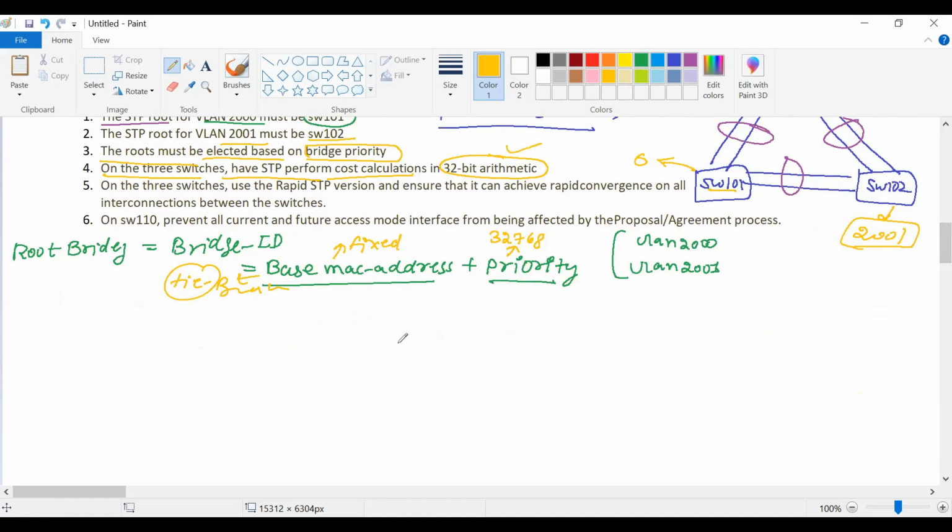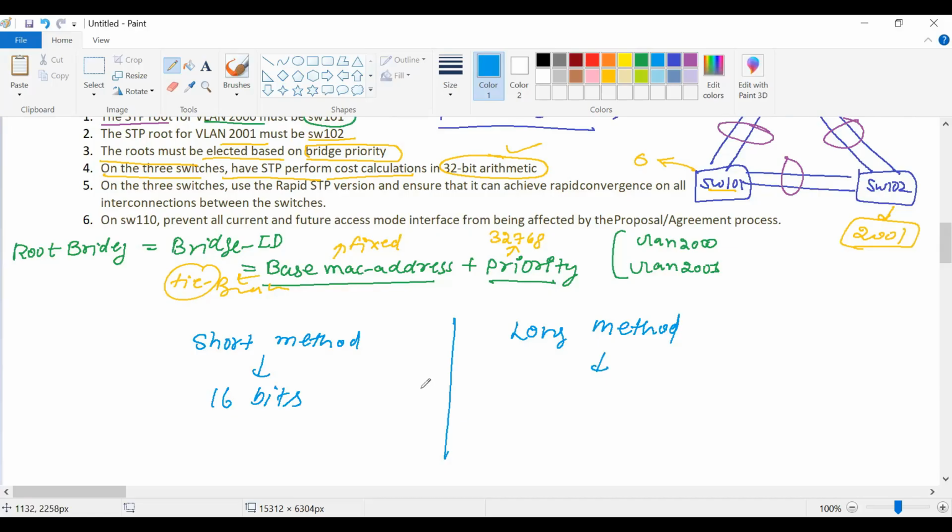In STP, we have the short method and the long method. In the short method, we calculate a 16 bits metric. In the long method, we calculate a 32 bits metric.